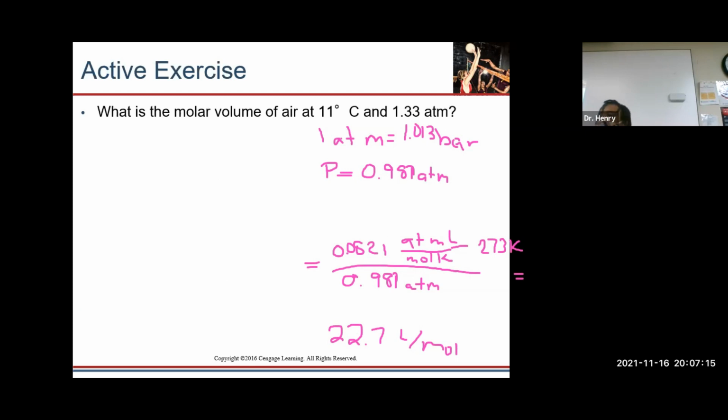Okay, so what is the molar volume of air at 11 degrees Celsius and 1.33 atm?